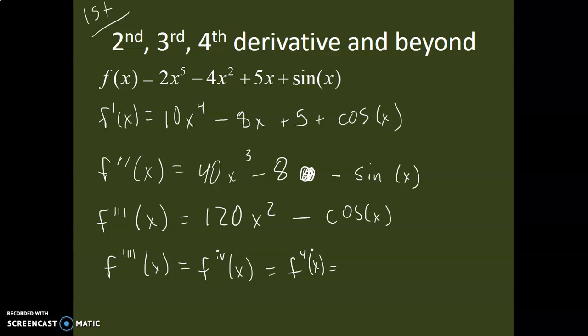You're not going to have a lot of problems where you actually have to write out this notation, but it would be 240x, 2 times 120 is 240, and then the minus cosine of x would turn into a plus sine of x, because the derivative would be negative sine of x, and we had a minus in front, so those two negatives together become the plus sign down here.